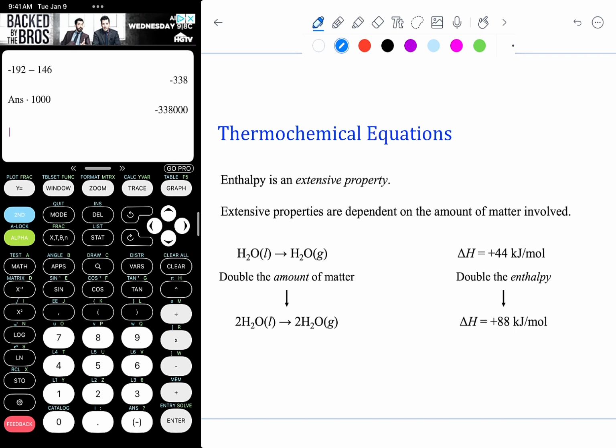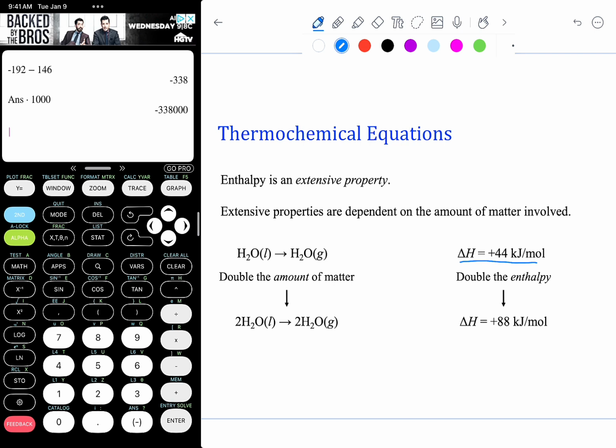Okay, so let's look at the reaction of water going from a liquid to a gas. So we're evaporating water. When I evaporate water, that requires a delta H of 44 kilojoules per mole. Now if I double the amount of that water, it's going to take more energy to complete that reaction because there's now more matter involved in the reaction overall.